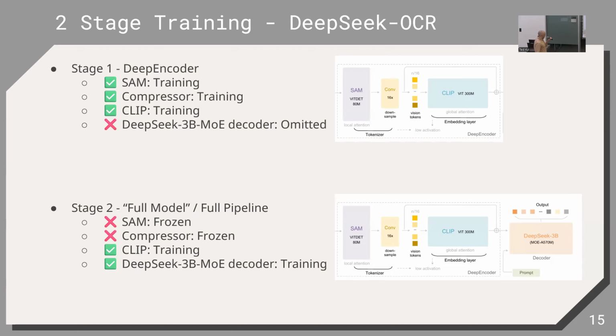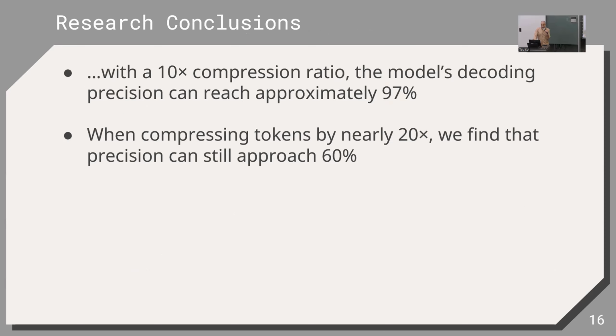My understanding is this 3 billion parameter model is coupled with the deep encoder, so it becomes really good at understanding the embeddings that come out of the deep encoder. As I mentioned, their finding is they can do a 10x compression ratio with really good accuracy, and when they try to go up from there, it starts dropping off quite a bit.